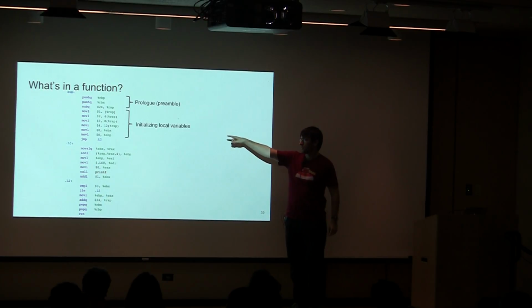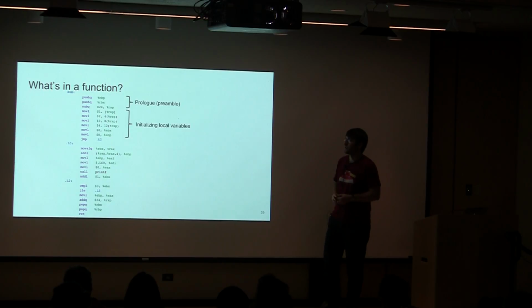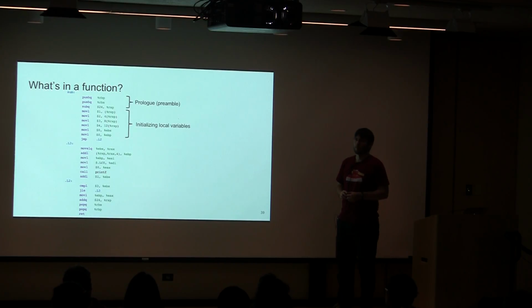So it looks like EBX and EBP are going to be two local variables stored in registers. And the other moves of 1, 2, 3, and 4 are moving things onto the stack. So that is probably a stack allocated array or something like that. In general, local variables can be in registers or on the stack. And arrays don't fit in registers, so usually those would go on the stack.